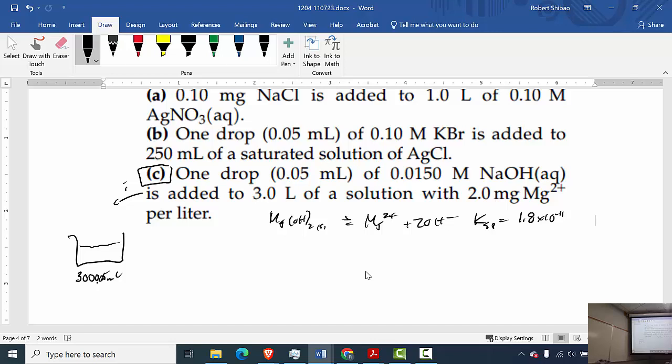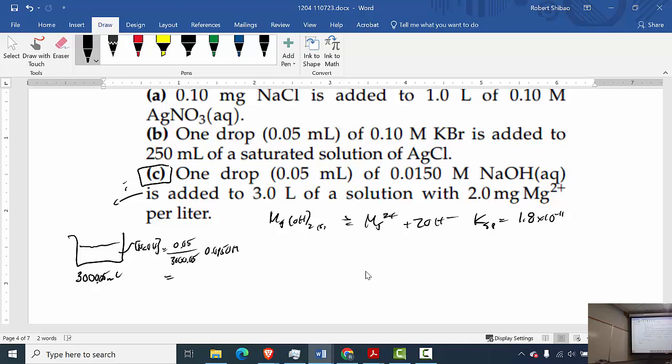The magnesium 2 plus. The sodium hydroxide is hugely diluted, so let's do the sodium hydroxide first. If we look at the dilution factor, it's 0.05, just one drop of sodium hydroxide solution into 3,000 to make a total volume of 3,000.05. And this is going to be 0.0150 molar. And so the dilution factor is huge.